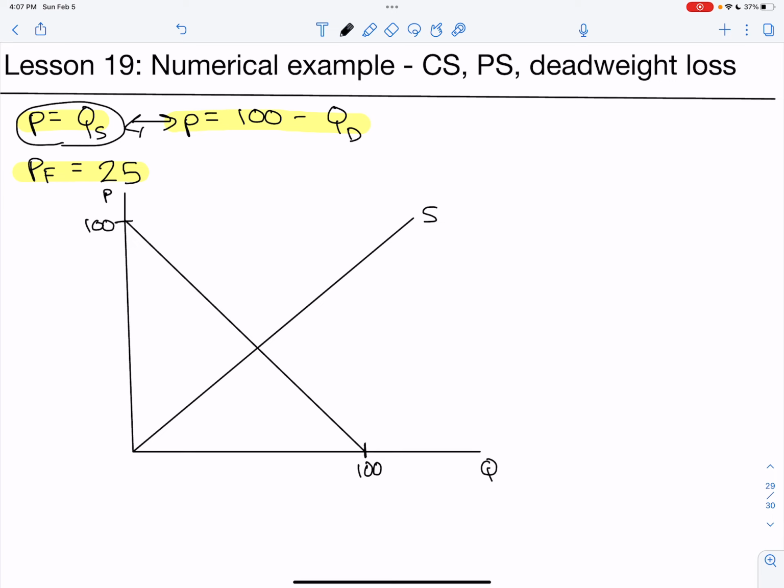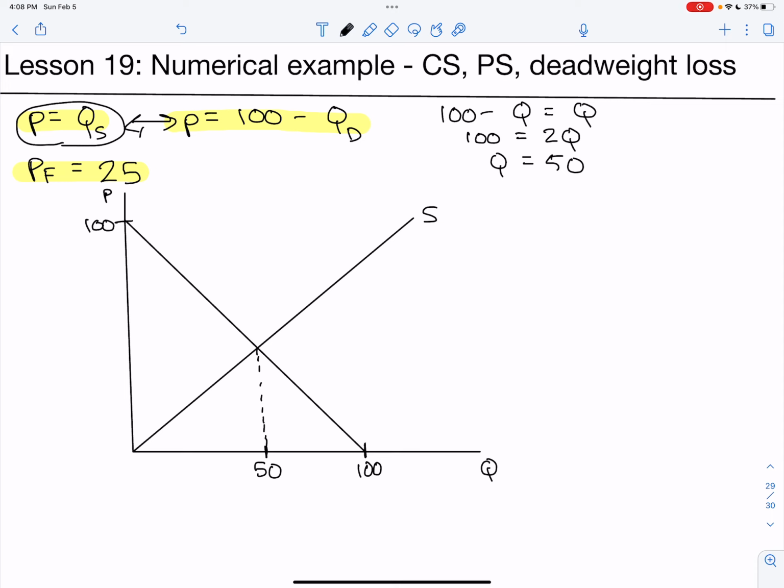So we can write that 100 minus Q is equal to Q. Solving, we get that 100 is equal to 2Q. Divide both sides by 2, and we get that Q is equal to 50. So our equilibrium quantity is 50.